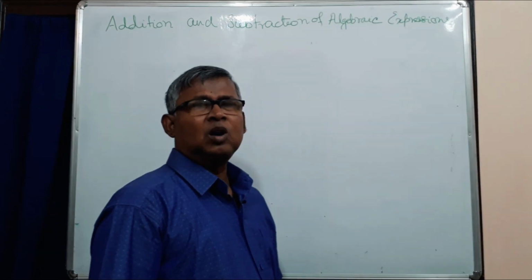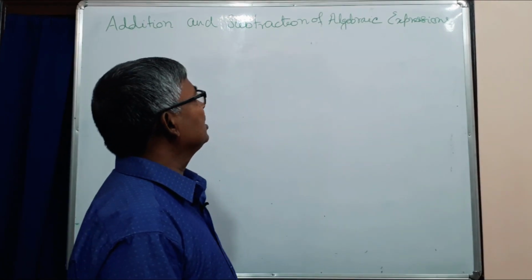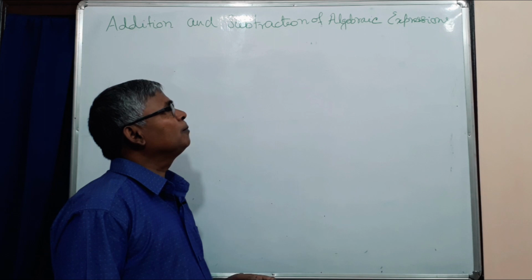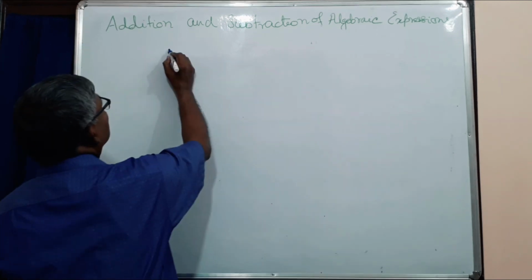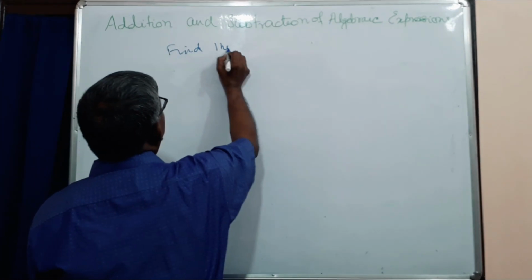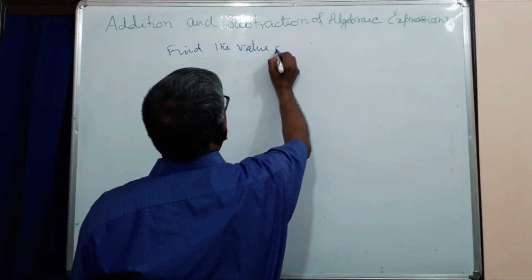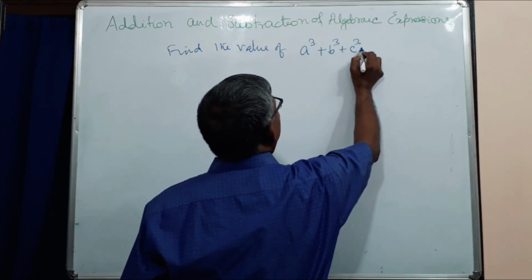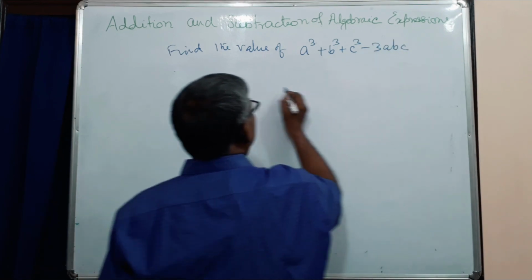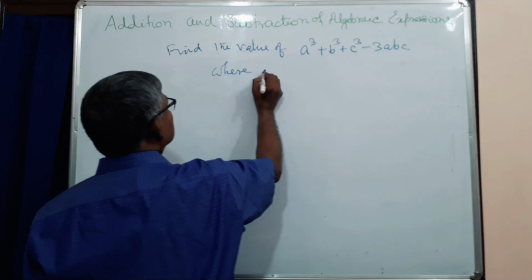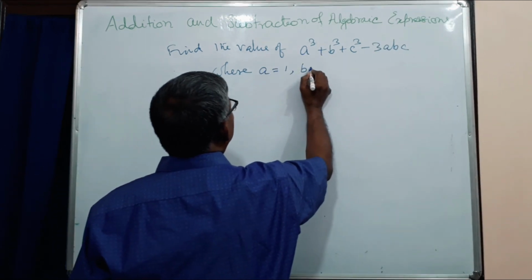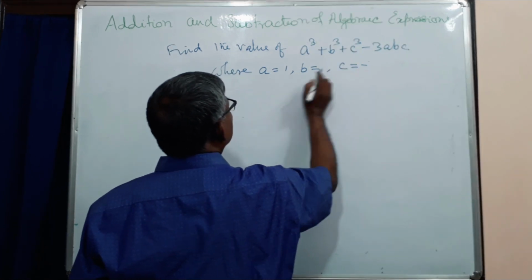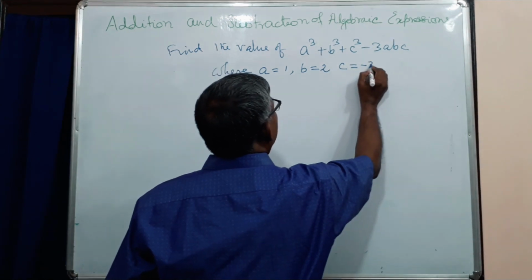Students, now let us solve another problem, that is a problem of substitution. Here find the value of a cube plus b cube plus c cube minus 3abc, where a equal to 1, b equal to 2 and c equals to minus 3.